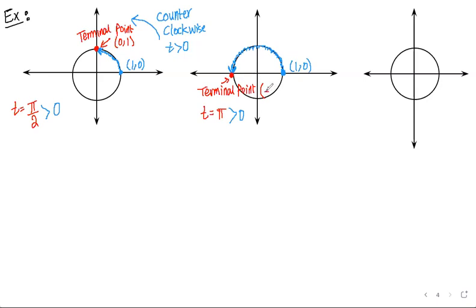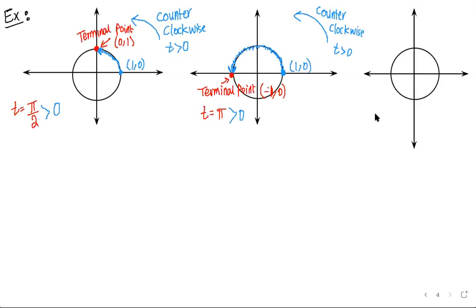No, it's -1 and 0. And again, I move counterclockwise because t is positive. Makes sense for the second one?